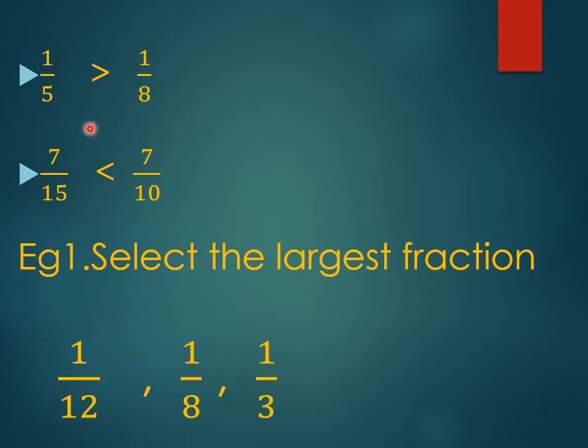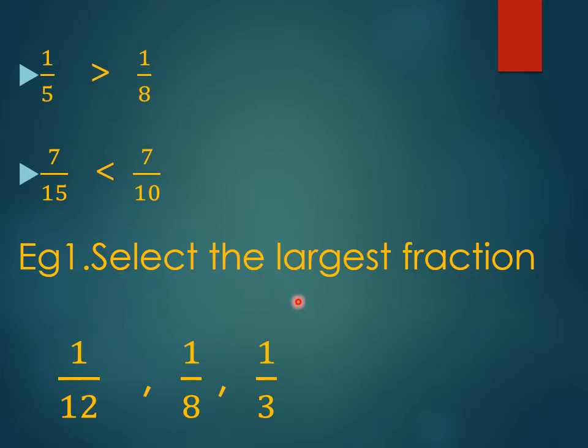See this example: 1 over 5, 1 over 8. 1 over 5 has the smaller denominator, therefore this fraction is the larger one. 7 over 15, 7 over 10: the smaller denominator is 10, therefore this is the larger fraction.